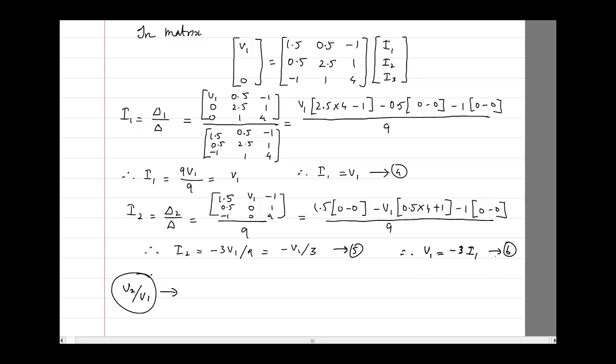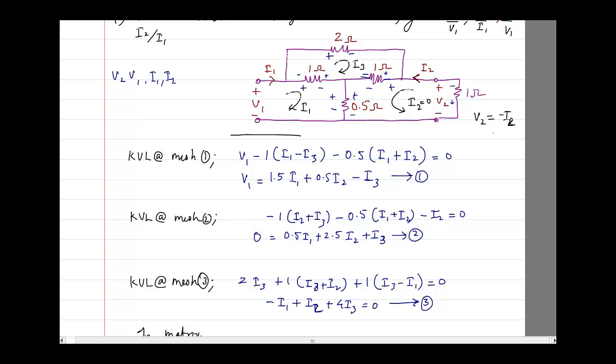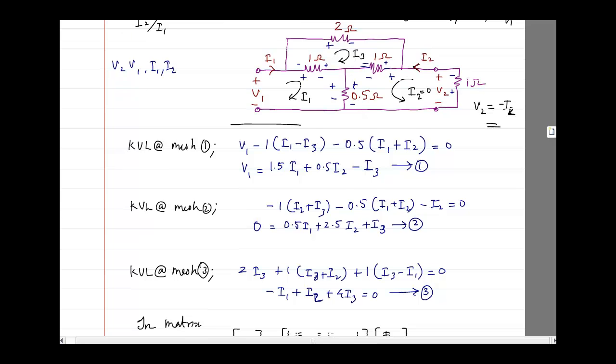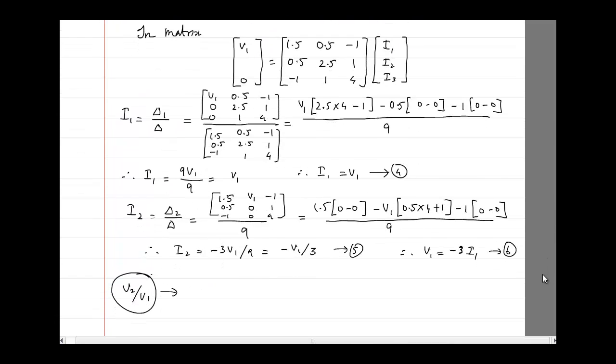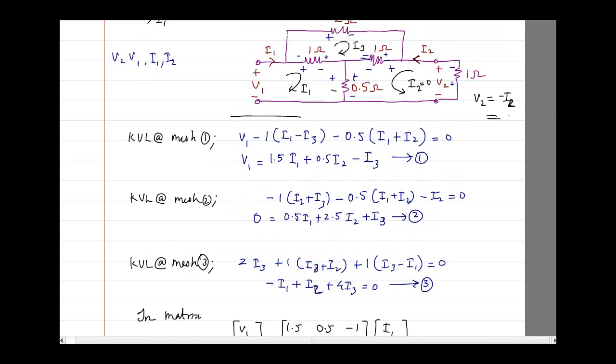Let me write this as equation number 6. V2 I have written somewhere. Yeah, V2 is written in terms of I2 here. Let me name this equation as equation number 7.